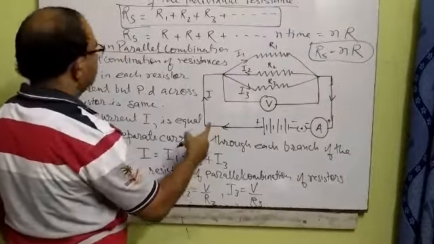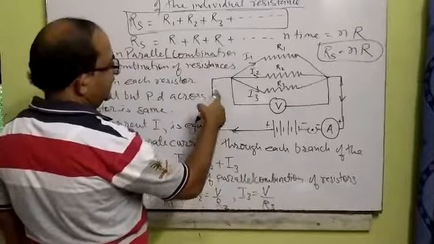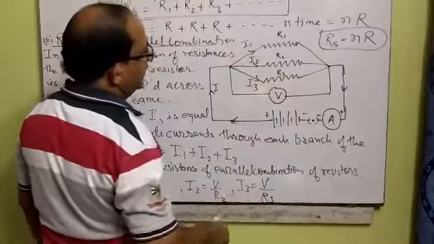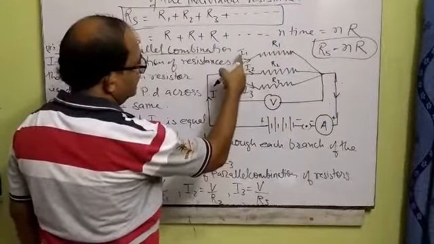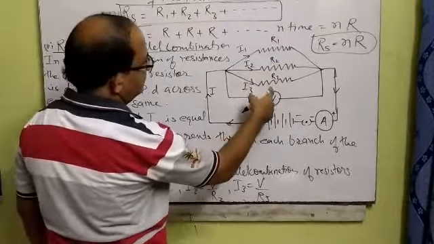In the parallel combination, the total current, which is I, will be distributed in each part of the line, in each of the resistors. The value of current will be, suppose, I1 in this resistance, I2 in another resistance, I3 in the other resistance.